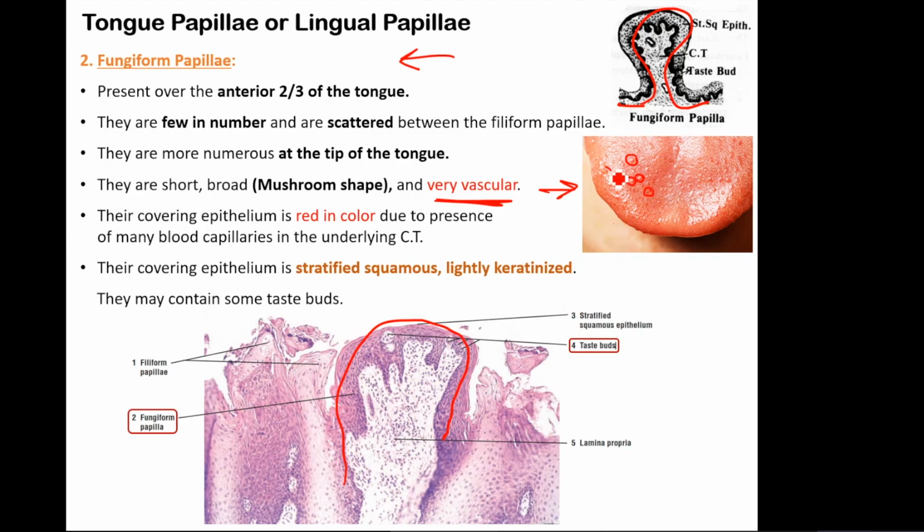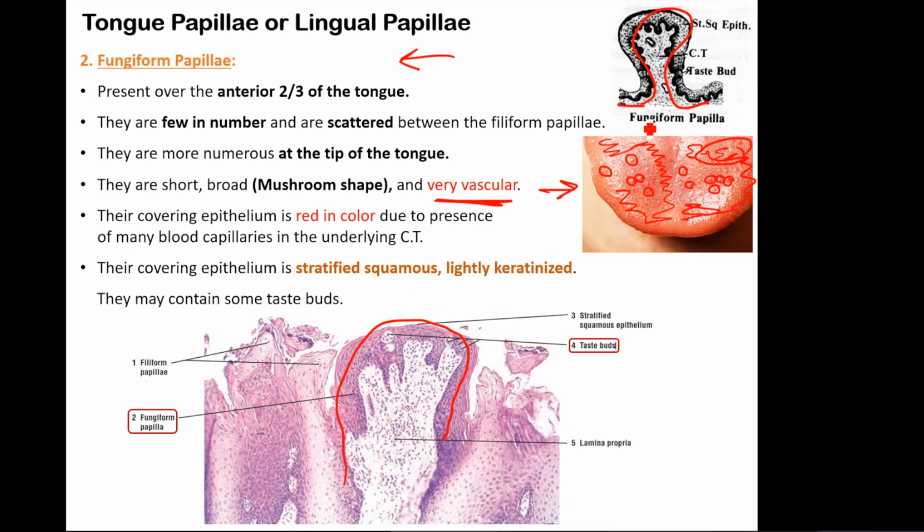These guys are the fungiform papillae. They are few in number, yes, but you can identify them. So what about the rest of the papillae? These papillae distributed here are the previous type, which is the filiform papillae, right?